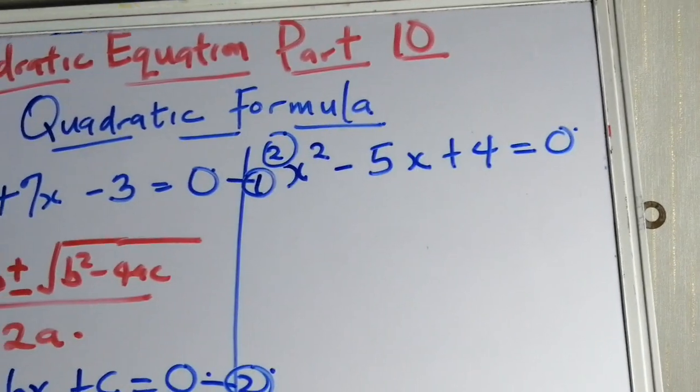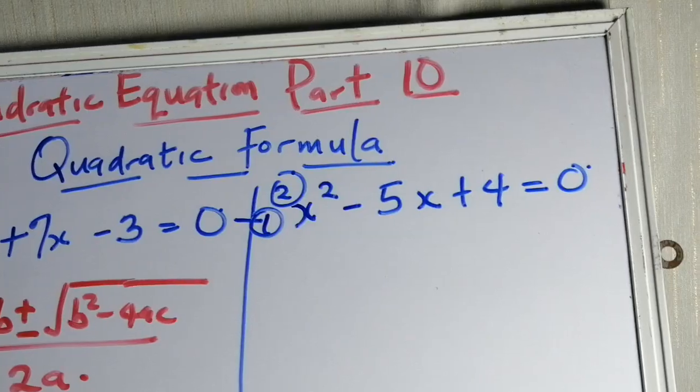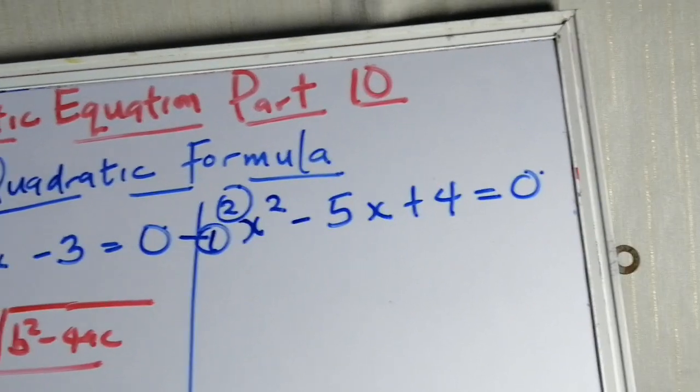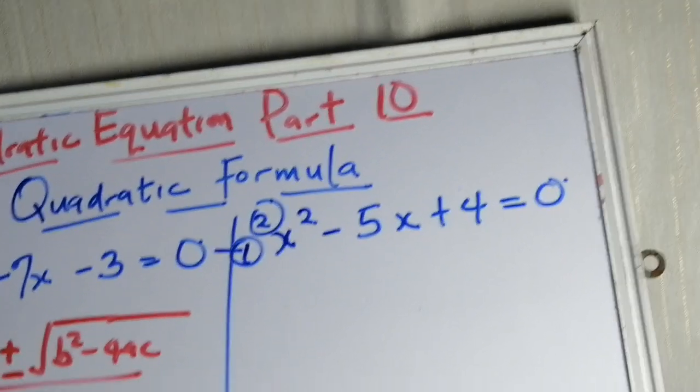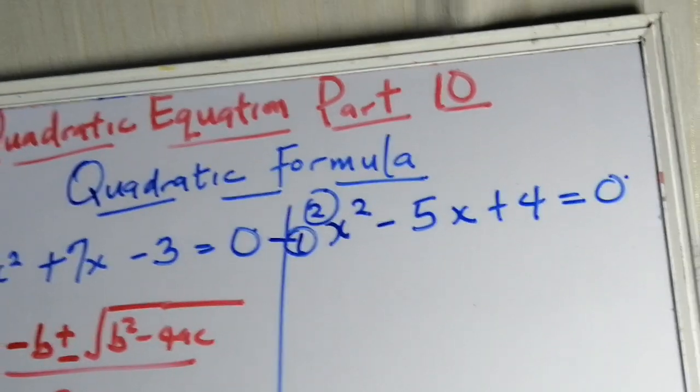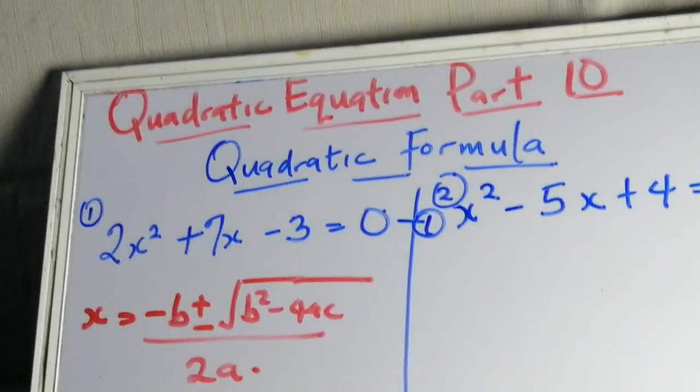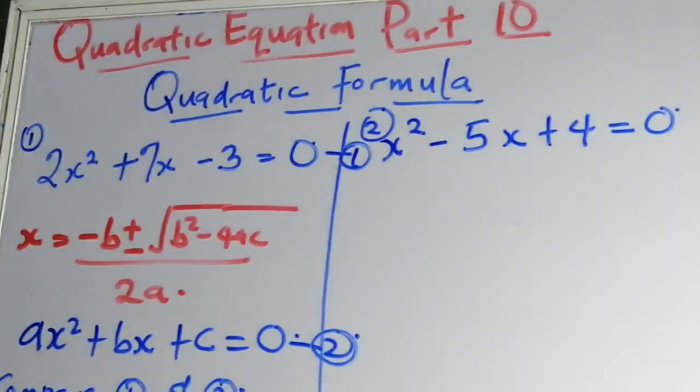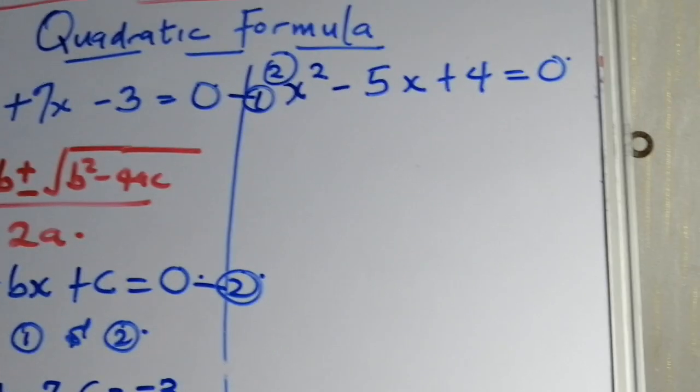So then we are dealing with number 2 now. This is straightforward. So we're not dwelling too much on quadratic formula. It's very straightforward. But I can assure you that you see like 4 to 5 questions in past questions on yearly basis. Okay.